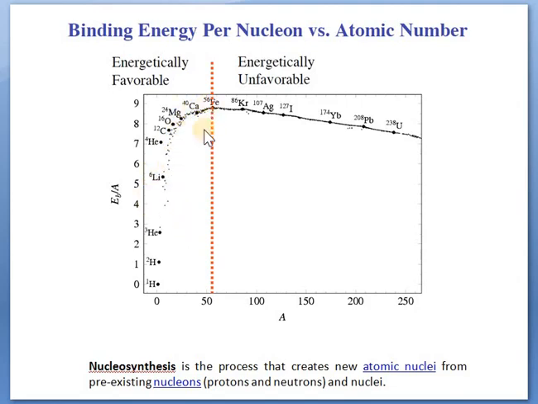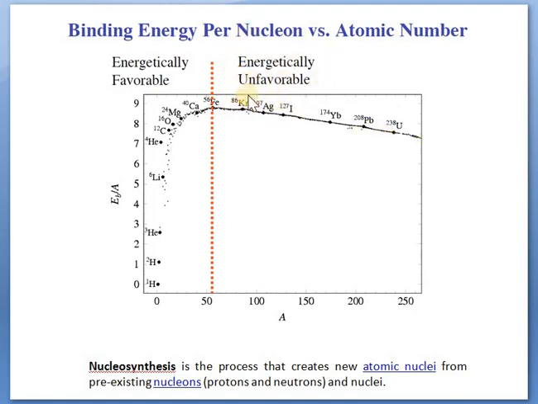This is true up to iron-56. So it is energetically favorable, using fusion, to get nuclei up to iron-56. After that, since the binding energy per nucleon decreases, it becomes energetically unfavorable.